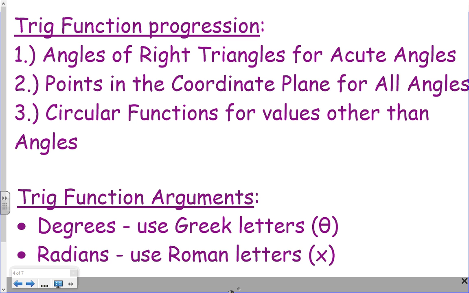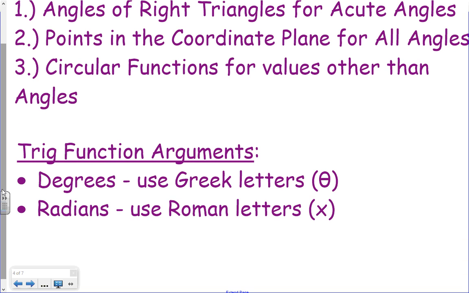One last thing to note before we look at a couple of examples: because we now have trig functions that are defined in radians, and some defined in terms of degrees, we've talked about the importance of indicating that degree mark. That indicates degrees. Without it, it indicates radians. Here's the other notation that we're going to use. If you're given a problem and it's defined in terms of Greek letters like theta or alpha or beta, that will be measured in degrees, without the problem having to say it.